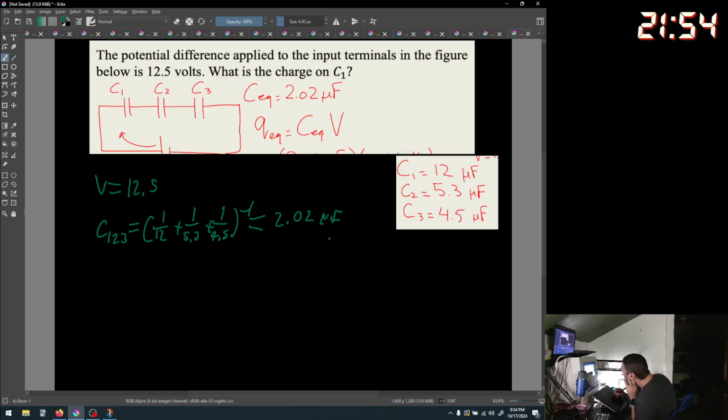Okay. And we find what's the charge on C1. Q equivalent equals C equivalent V, so it's this times 12.5, which is 25.29.